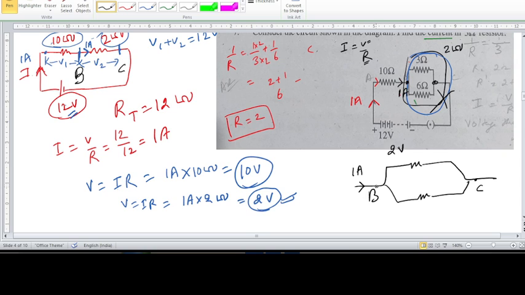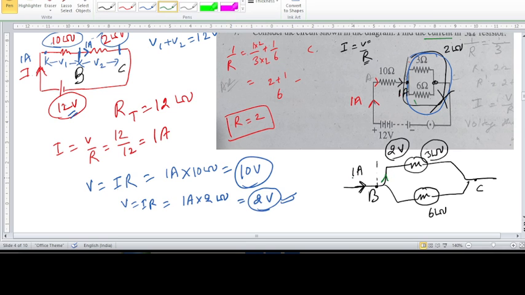The same voltage is being consumed by this 6 ohm and by this 3 ohm. So the 3 ohm resistance is taking 2 volt, and a little bit of the current will move in this direction. I don't know how much.